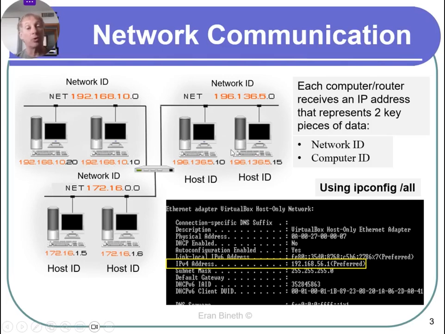The same appears also here, while here we're seeing that the shared information is placed only on the left 2 octets, 172.16, while the right 2 octets differ: 0.0, 0.16, and 0.15. So the question is, what determines the shared information so that we know that machines reside within the same network?